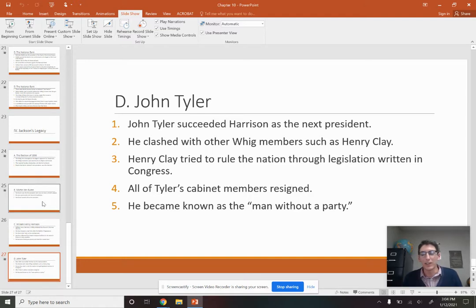And so he really clashed with all of these members, and all of his cabinet members resigned. Basically, his closest group of counsel said, you know what? We hate being here because we don't think that you should really be president. We're done. And they resigned. And he became known as, quote unquote, the man without a party. So, as always, a sad part about John Tyler there.